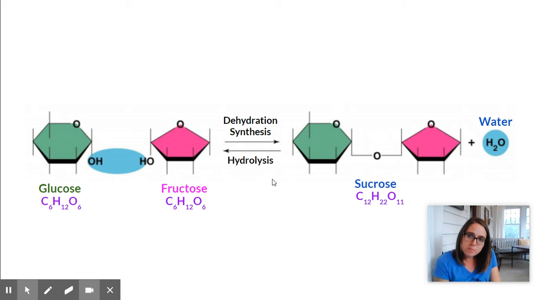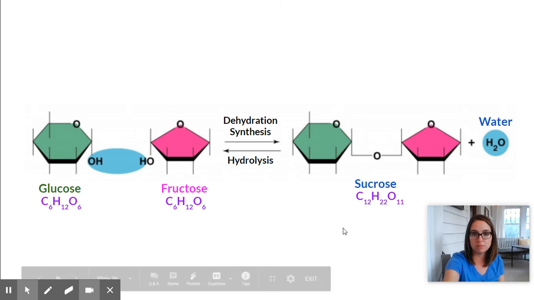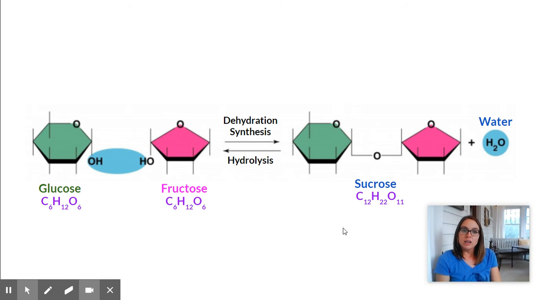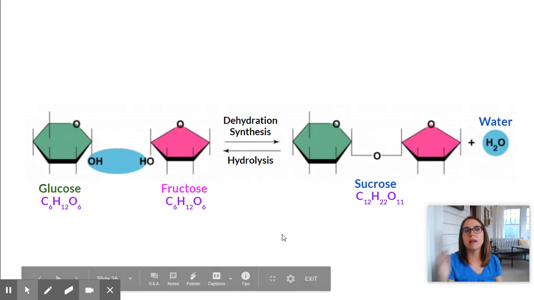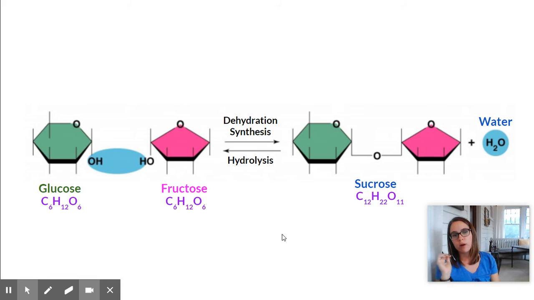Here are the formulas for all of these. It's just right above. You don't need to write them down again, but I have them here for reference. Remember how I promised I wasn't going to forget about the reason why this is not 24. It's because it's not double of that C12. So if I were to add these two molecules together, C6H12O6 times 2, I would have 12 carbons, 24 hydrogens, and 12 oxygens.